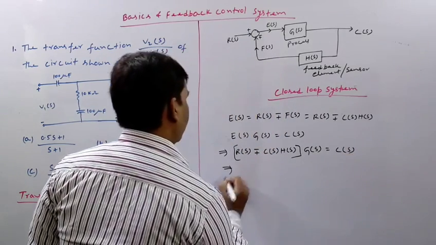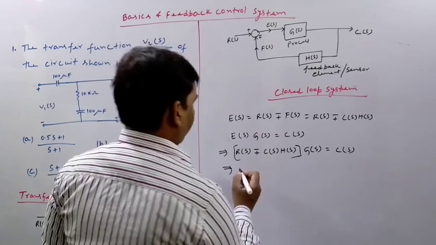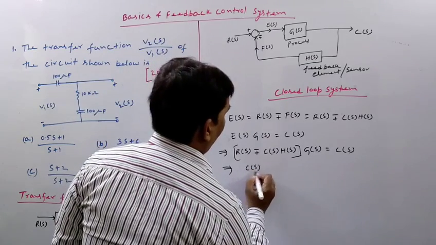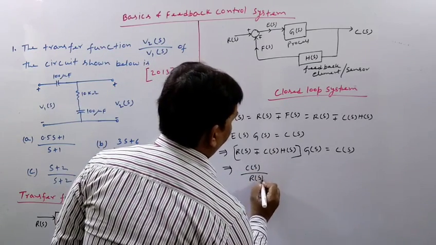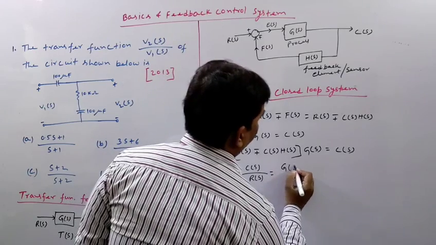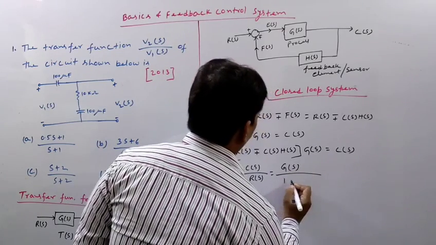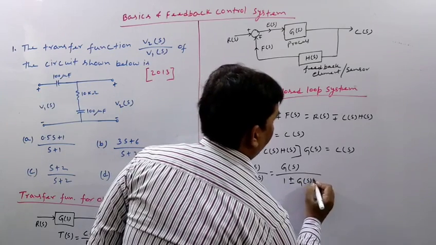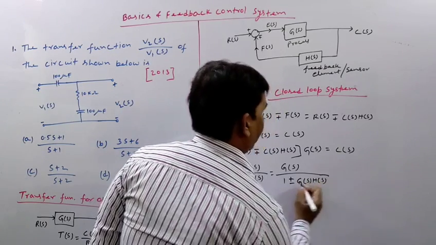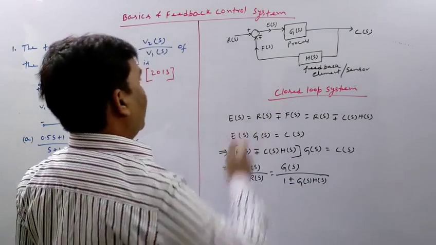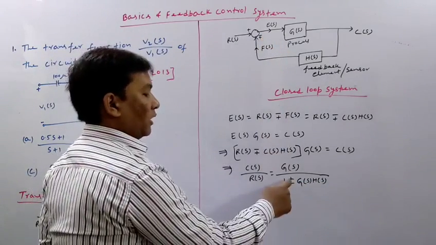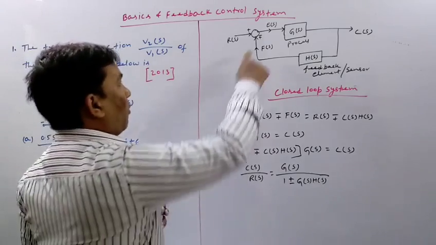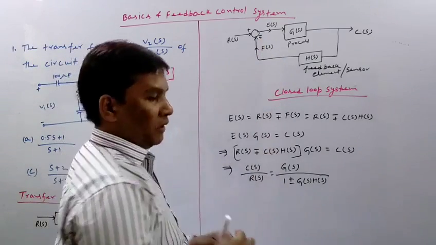So if we solve it, then we get CS divided by RS equal to GS divided by 1 plus minus GS into HS. This plus sign will come if negative feedback. If positive feedback, then minus sign will come.